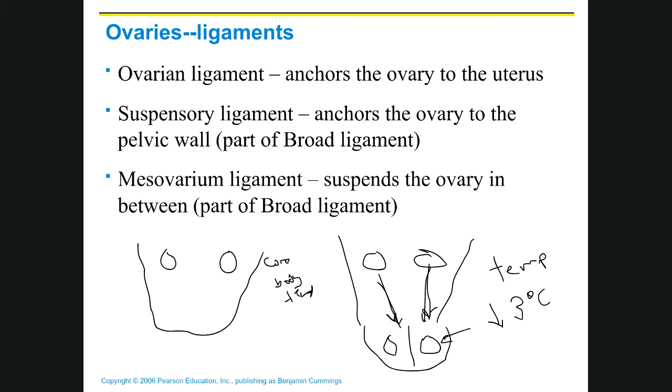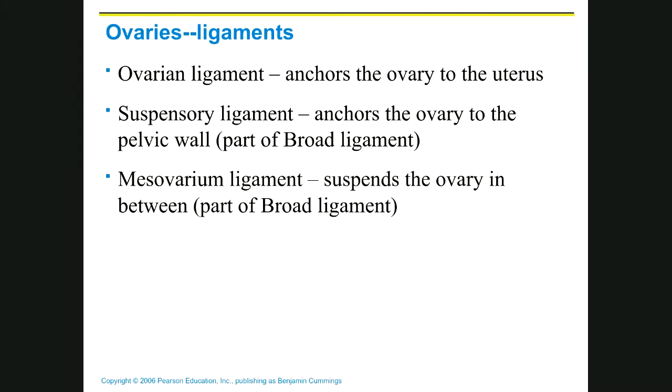But they can't just float like floating in air. They're suspended in here. And they're suspended by ligaments. And there's actually 3 ligaments that hold them in place. I'm not going to ask you to remember the names of these ligaments, but they're important because they suspend the ovaries.